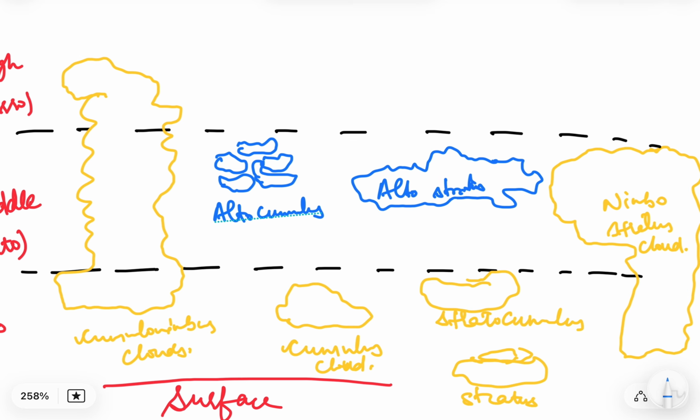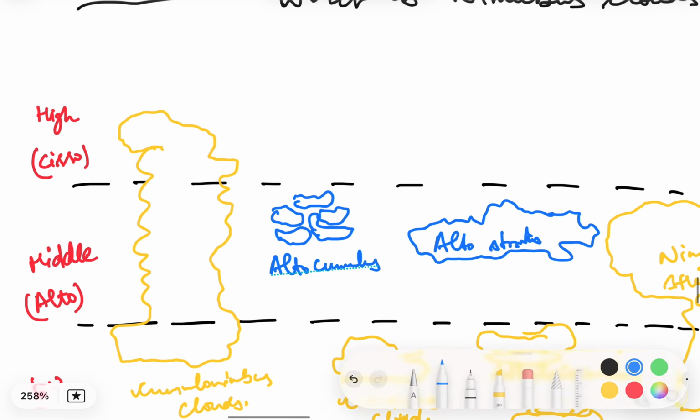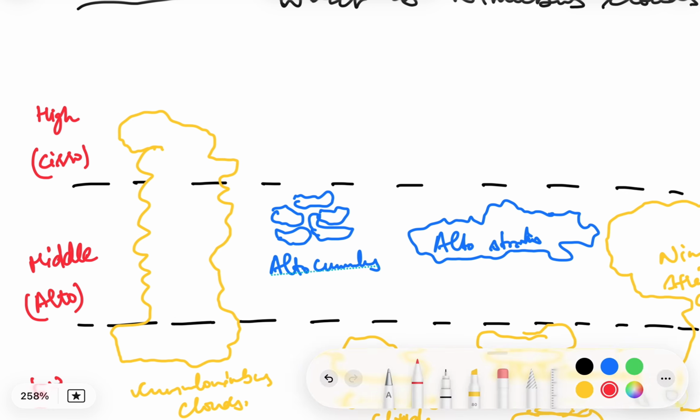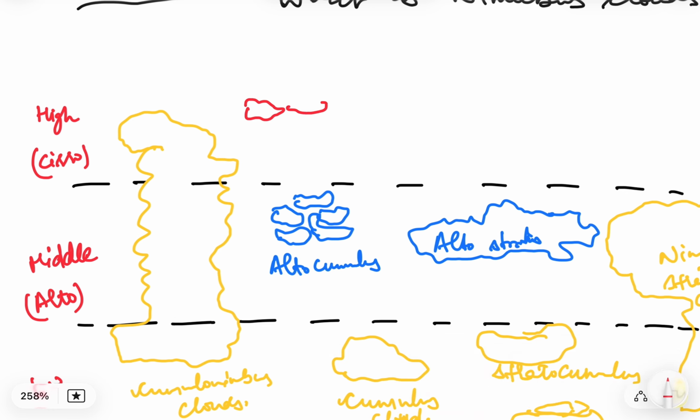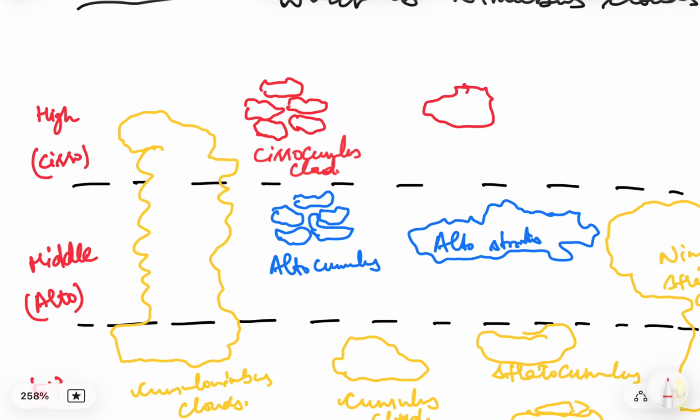And in the higher areas, we have cirrus clouds. These are cirrocumulus clouds, and clouds having layered structures are known as the cirrostratus cloud.